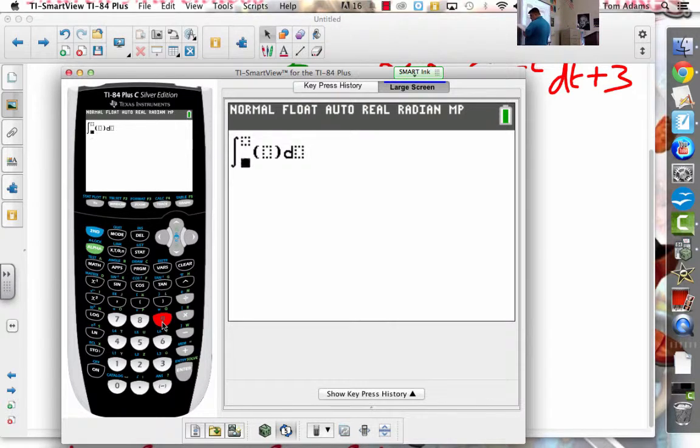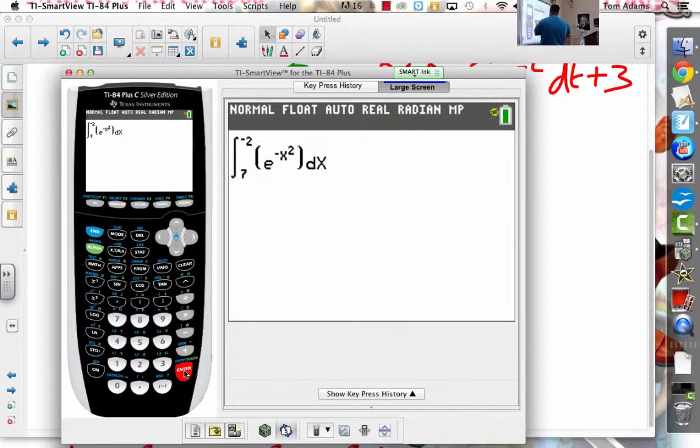I'm going to say 7 to negative 2 of e to the negative x squared, and then I'm going to take the derivative with respect to x. Now you could put t's, but I just didn't feel like plugging it in the calculator.